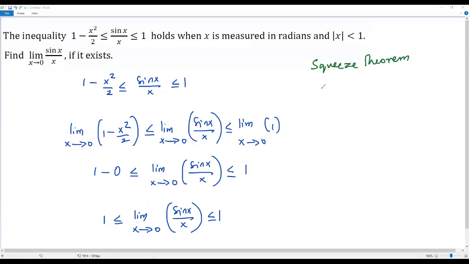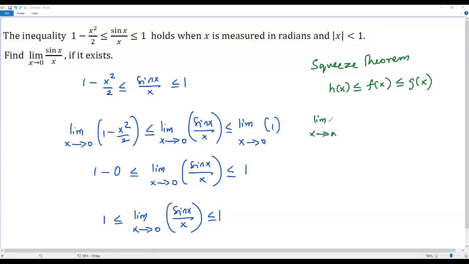To understand the squeeze theorem, first we consider three functions. For example, let's say h(x) ≤ f(x) ≤ g(x). I consider three functions in a compound inequality. Now let me take some limit, say as x tends to a, for all three functions.